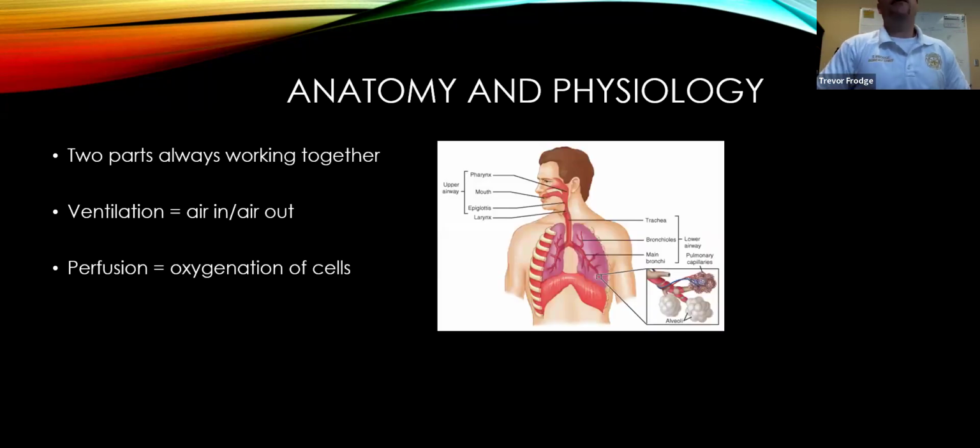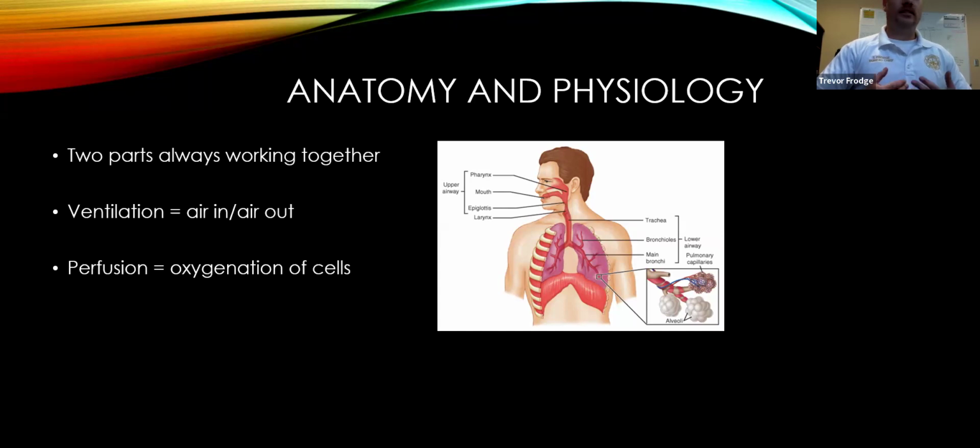So when we look at our anatomy and physiology, there's always two parts working together. We have ventilation, which is air in and air out, and then we have perfusion, which is the oxygenation of cells. They are independent systems that work symbiotically together. Air in, air out is just the passive process of breathing.